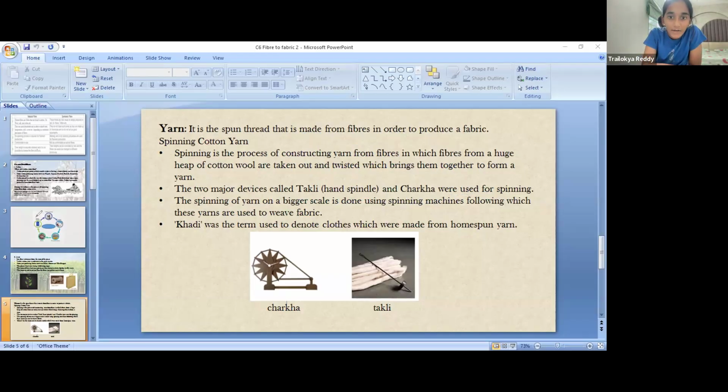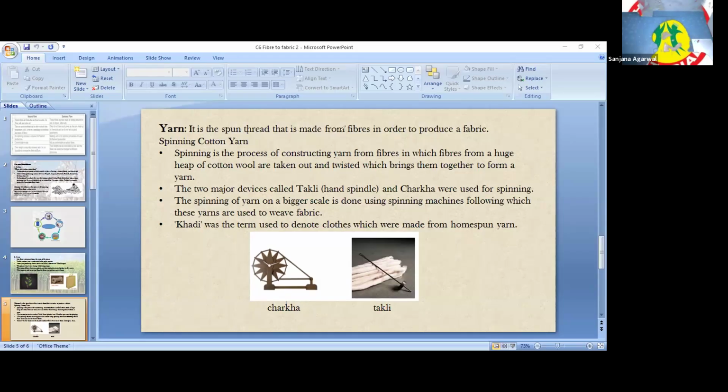The two major devices called takli, the hand spindle, and charkha were used for spinning. The spinning of yarn on a bigger scale is done using spinning machines, following which these yarns are used to weave fabric. Khadi was the term used to denote clothes which were made from homespun yarn.